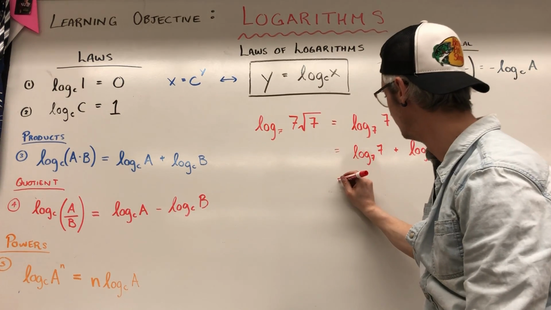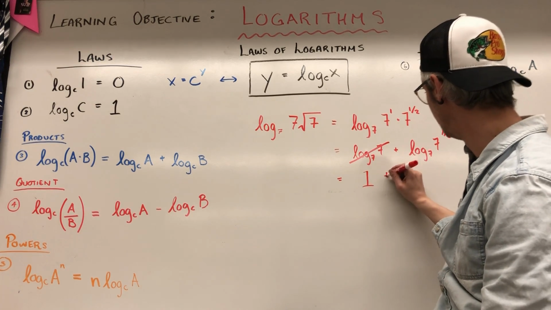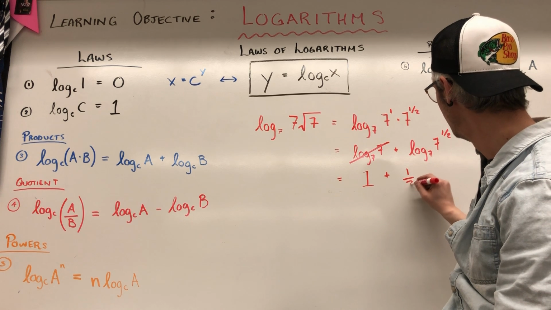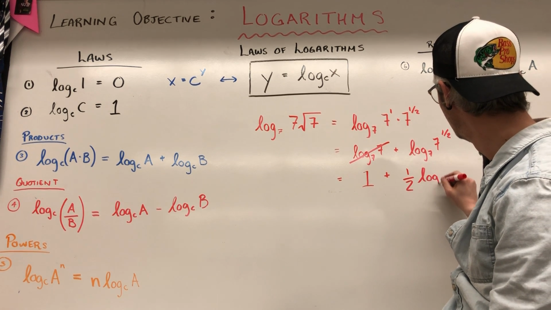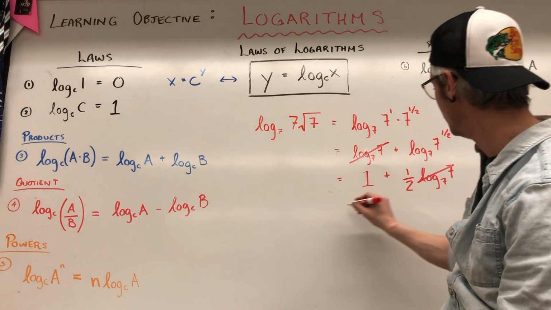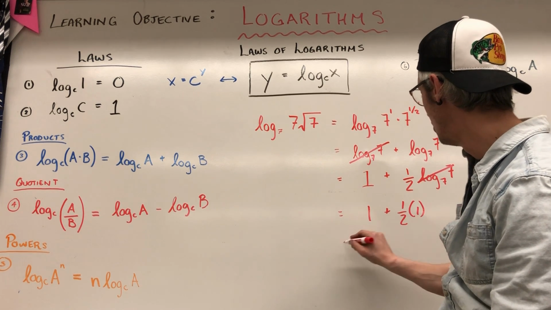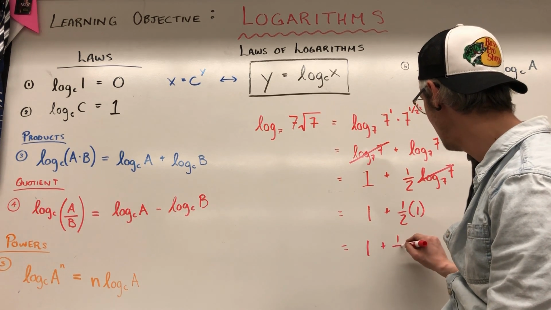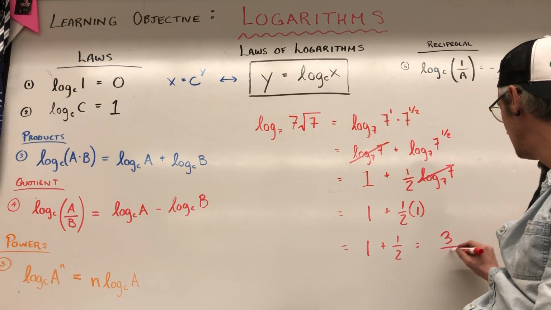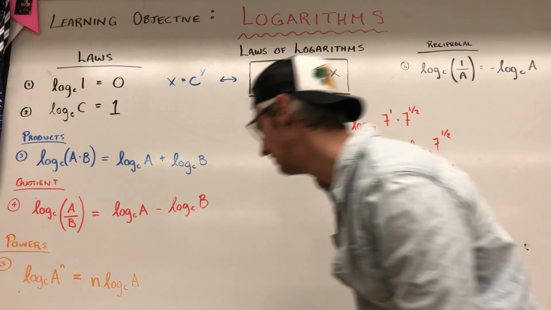So I can rewrite this as 1. And this, I'm going to use my power law to bring that 1/2 down, and then log base 7 of 7, which again is the same as 1. So this becomes 1 plus 1/2 times 1, or 1 plus 1/2, which is 2 over 2 plus 1 over 2, 3/2. This simplifies down to 3/2.